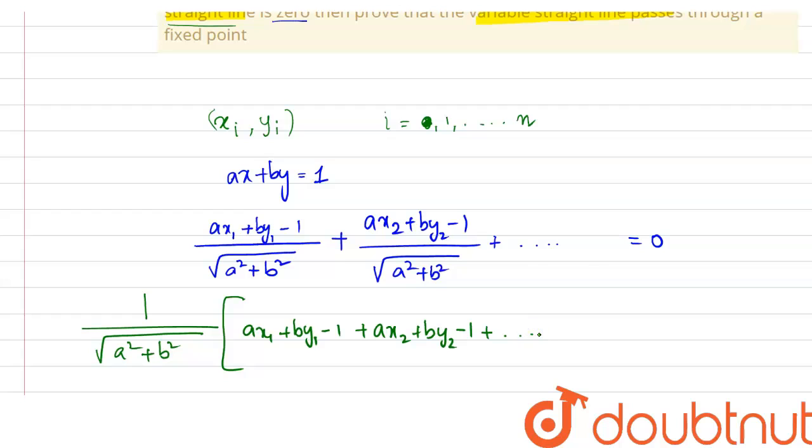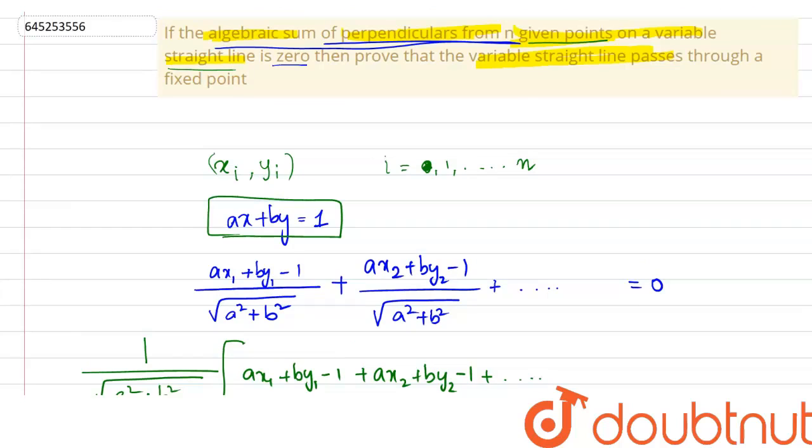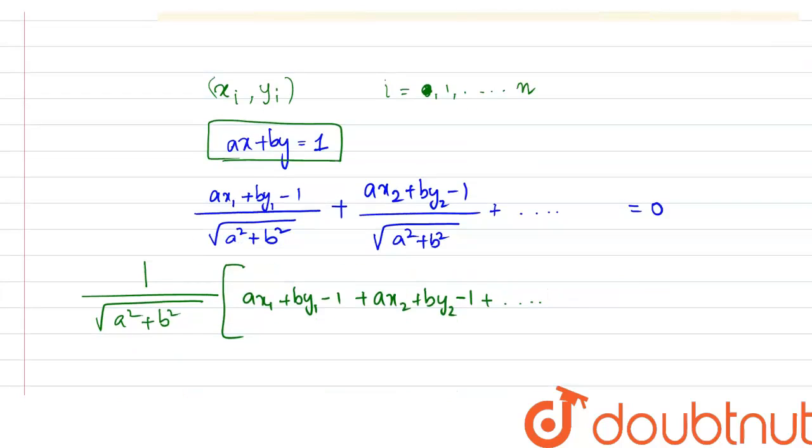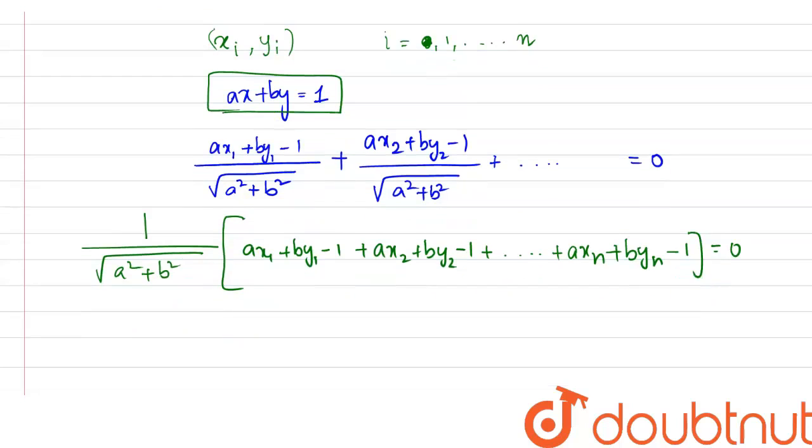Now why did we take ax plus by equal to 1 as our equation? This is because we are given a straight line, which can be anything. This is a general equation.